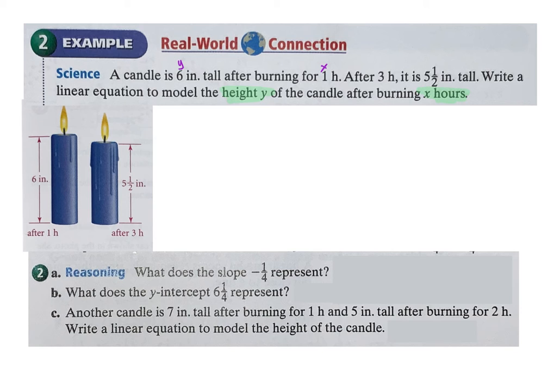I have an X here and a Y here. So they've given me 2 points. They've given me after 1 hour, it is 6 inches. After 3 hours, it is 5.5 inches. And they want an equation. How do I find an equation if I have 2 points?